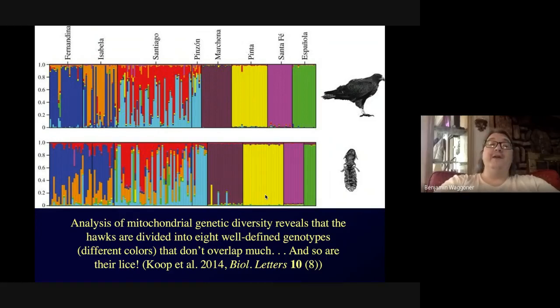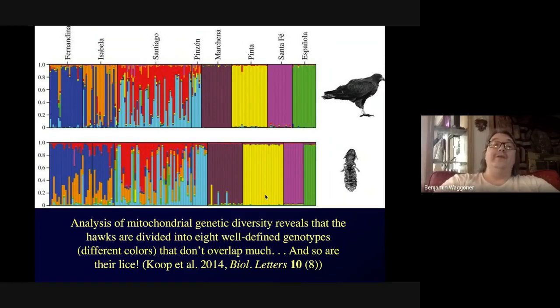Most of the Fernandina hawks have most of their DNA belonging to a cluster that is depicted in blue, although there were a couple of Fernandina hawks that have sizable ancestry coming from a cluster that is shaded in orange. And then for Isabela, it's the same. If I'm going from left to right on these diagrams, that first grouping labeled Fernandina, that's mostly blue.